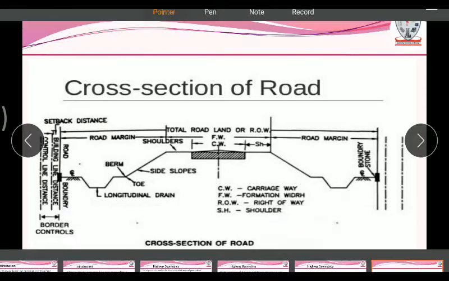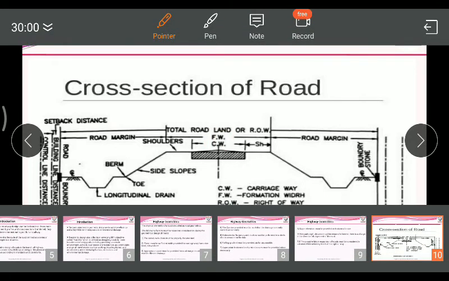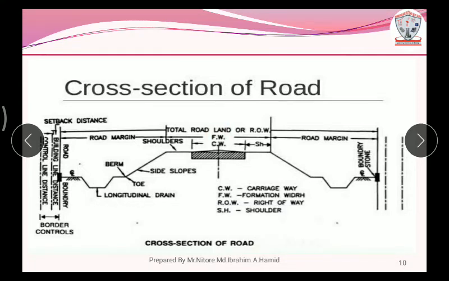This is a carriageway, in which the traffic moves smoothly. And this is the right of way, the area of land acquired for construction and future development of the road.